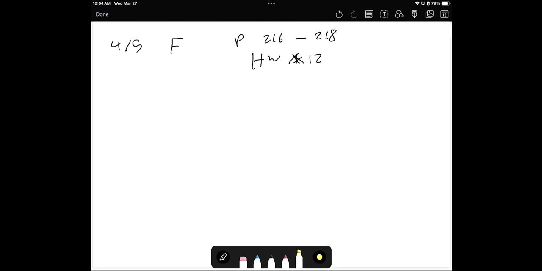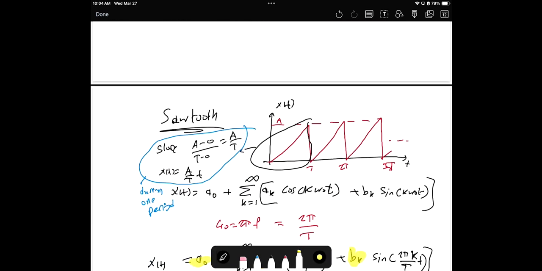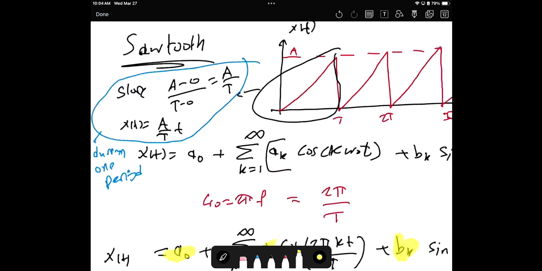Last lecture, we started that example about the sawtooth, and we need to find the Fourier series for that. In summary, for Fourier series, any periodic signal can be converted into a sum of infinite sines or cosines.